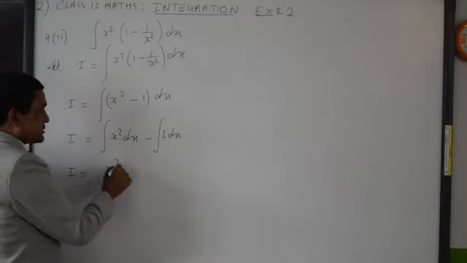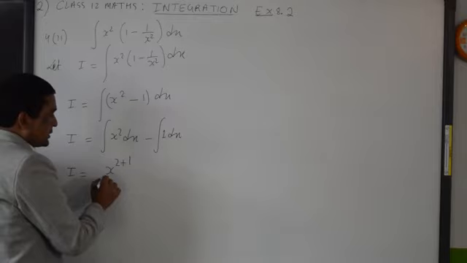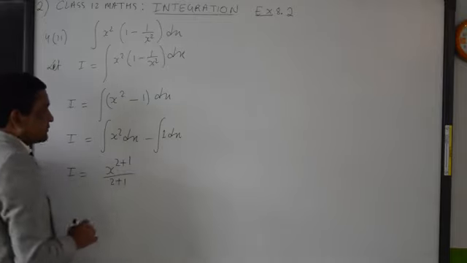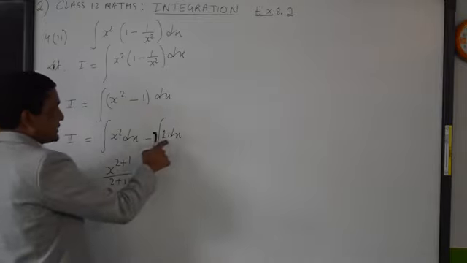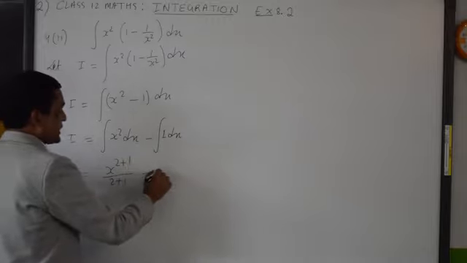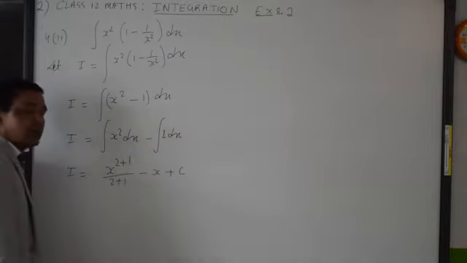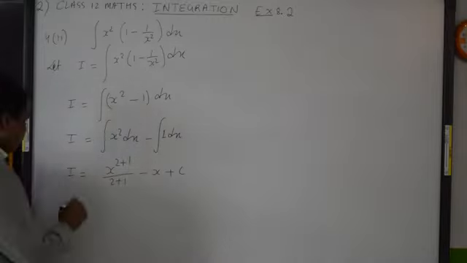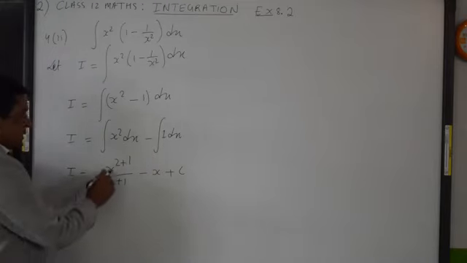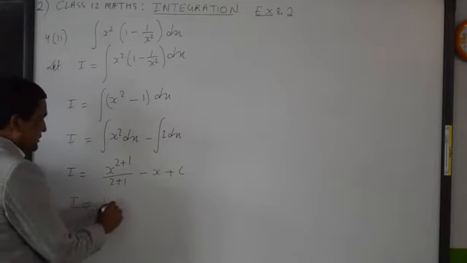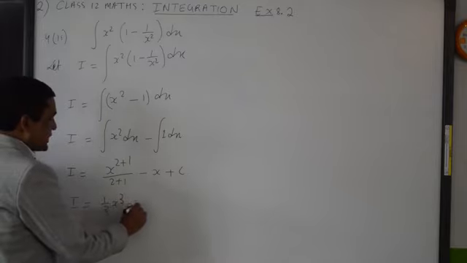Whatever power is there, you need to add 1 and divide by the same power. Then minus, integration of dx is x, and finally write c for the whole expression. So the whole integration is 1 upon 3 x cube minus x plus c.